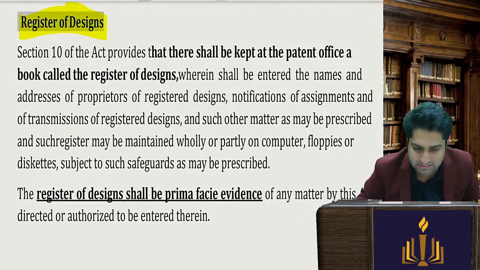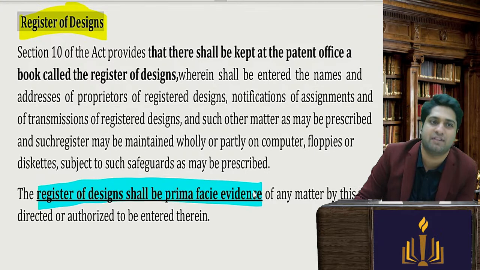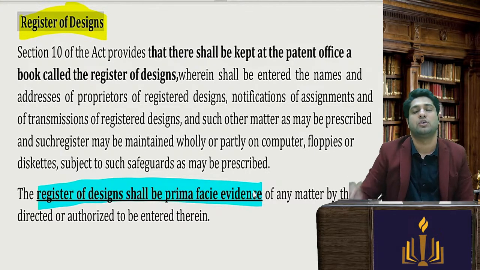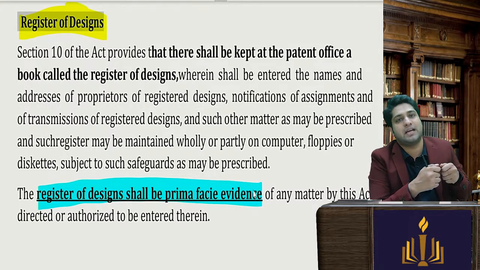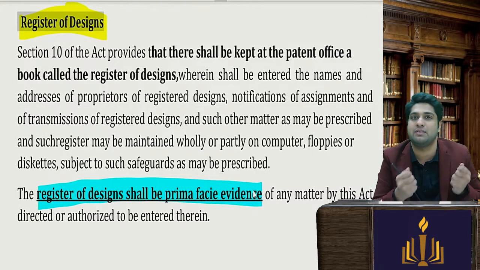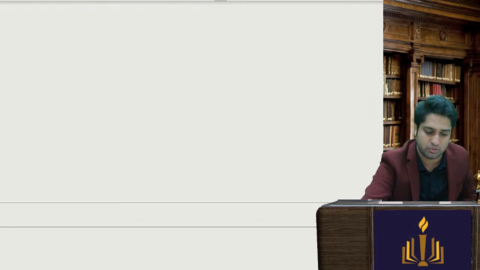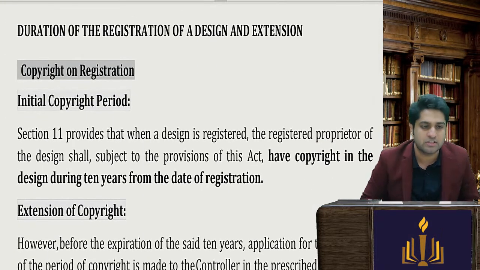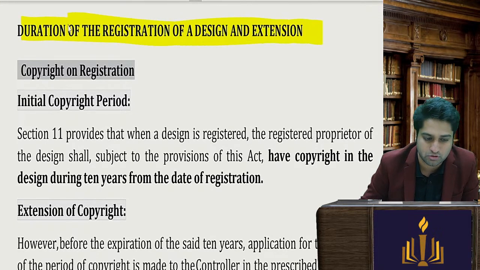A register of designs is maintained by the controller, and this will be prima facie evidence. It will be evidence that you are the owner of the particular design. So if in the registry your name is mentioned as the owner of the design, then you will be the prima facie owner. Now this is one of the most important and interesting things also.